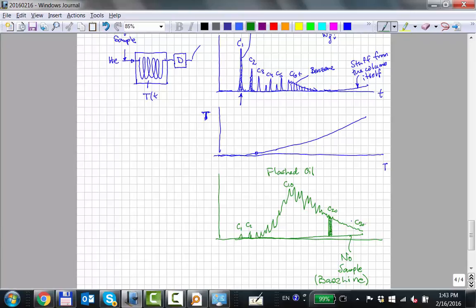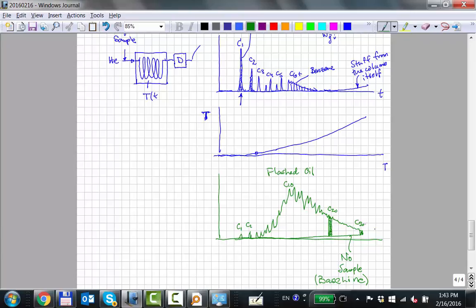The problem is that the baseline you see is increasing. The amount of the C30 is getting pretty small. So the C30 amount is that. Had you not corrected for the baseline, you would have thought there's 2 or 3 times as much. So you see the uncertainty is starting to become big.